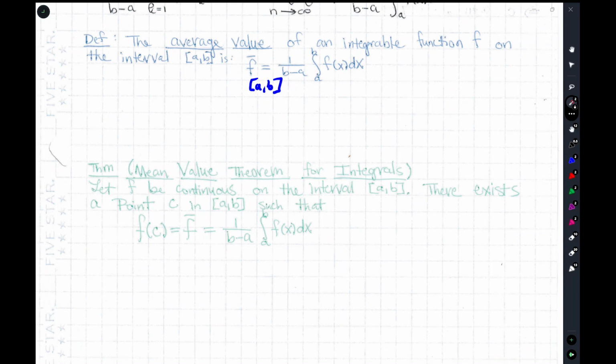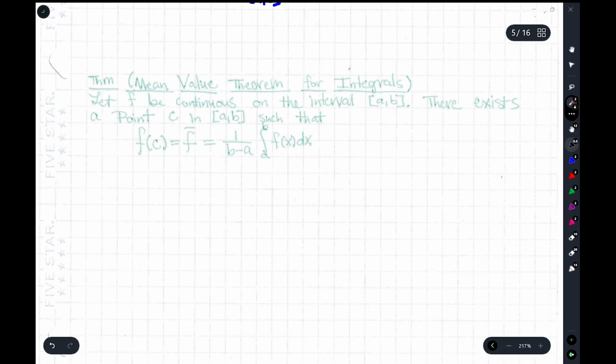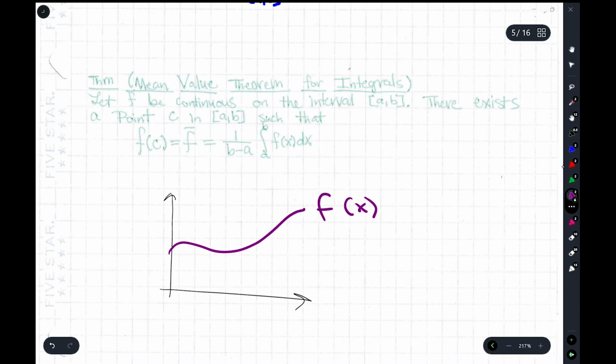And that kind of makes sense. There's an intuitive way to see that. If you've got any good old-fashioned function f of x that is continuous on [a, b], let's eyeball what the average might be.